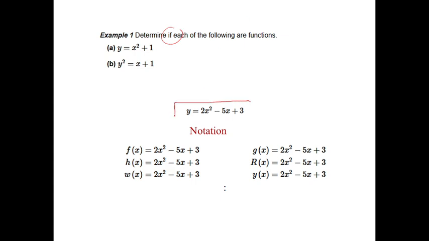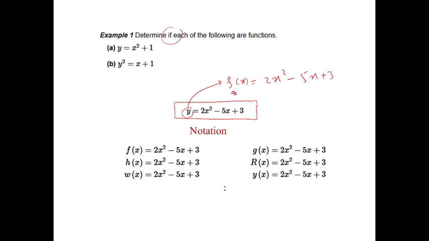Let us say we have this function, y is equal to 2x square minus 5x plus 3. This is a function. We can write this as f of x equal to 2x square minus 5x plus 3.